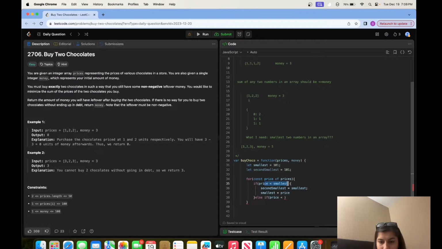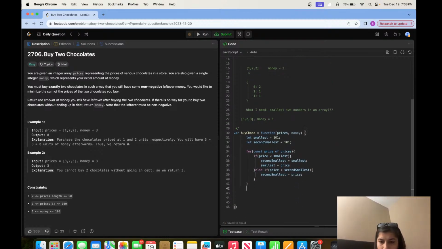But if it is not less than smallest, but if it is less than second smallest, then I will have to update second smallest, right? So in this way I will have second smallest and smallest.